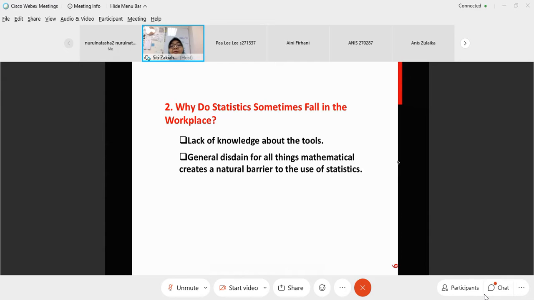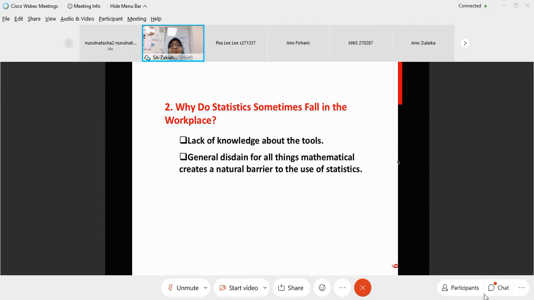Dan lagi satu, kenapa statistik tidak digunakan di tempat kerja, sebab kita dah ada perception yang mathematics ni susah. Dengan math je semua susah. Because we already have the perception, dia menjadi satu halangan, satu barrier untuk kita.